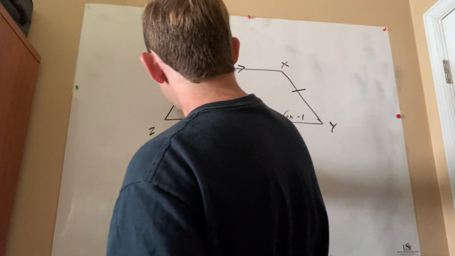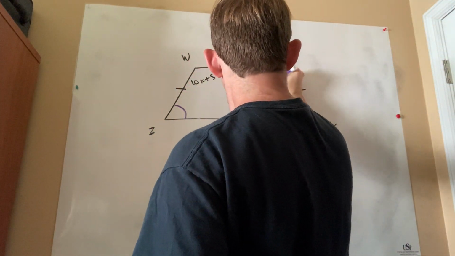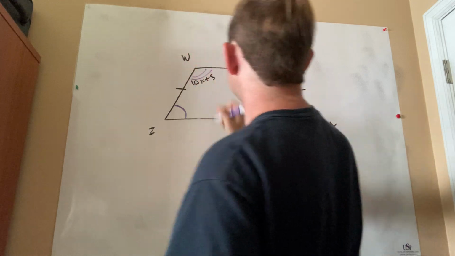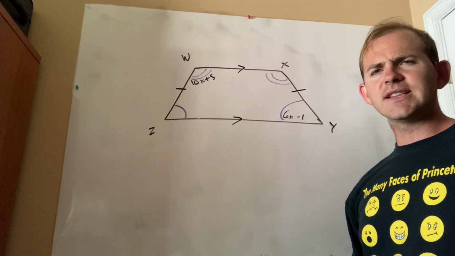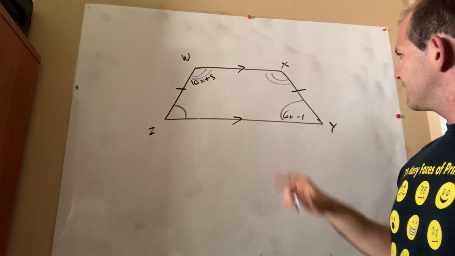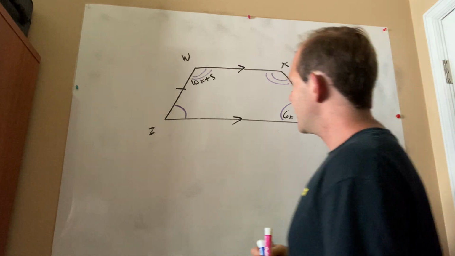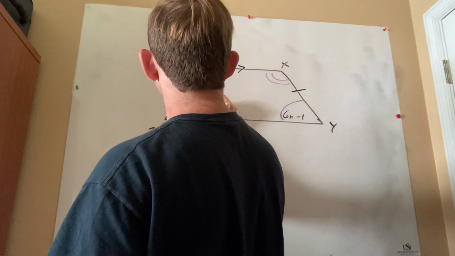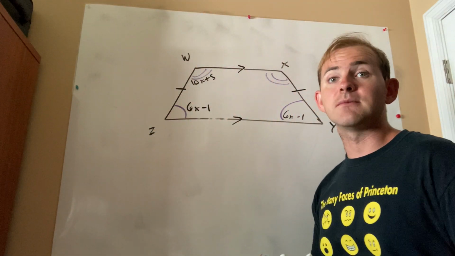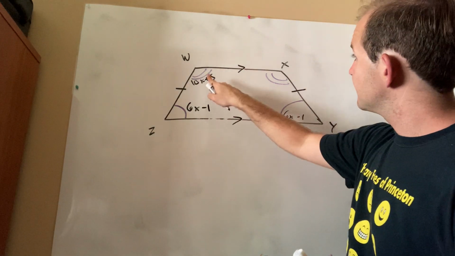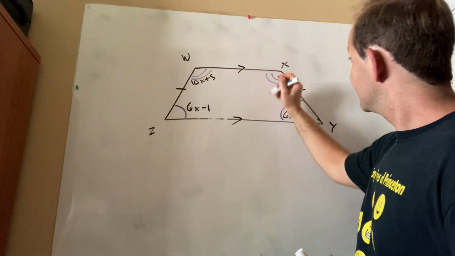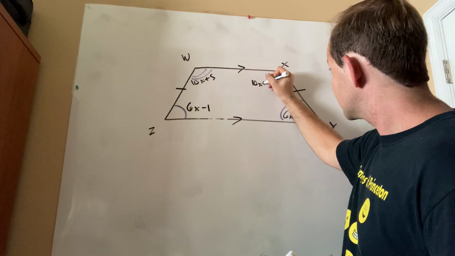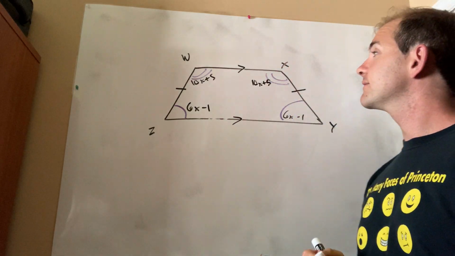Namely, that they happen to have congruent base angles. Okay, let's think about how that helps us. If this is 6x minus 1, that means that this over here is also 6x minus 1. If this is 10x plus 5, this over here is also 10x plus 5.